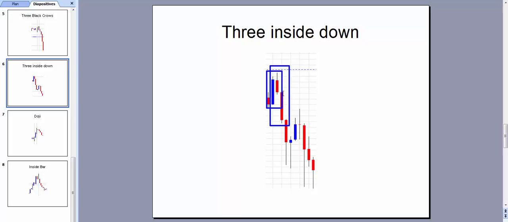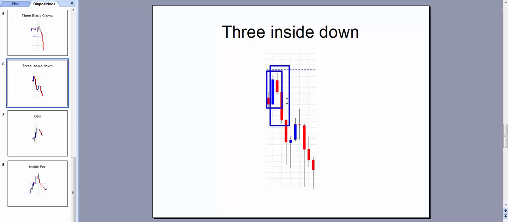It doesn't matter where this one opens. What matters is that it takes some 35 to 60% of the candle's power or body, opens within the body of the blue candle, and closes just below the open of the blue candle.